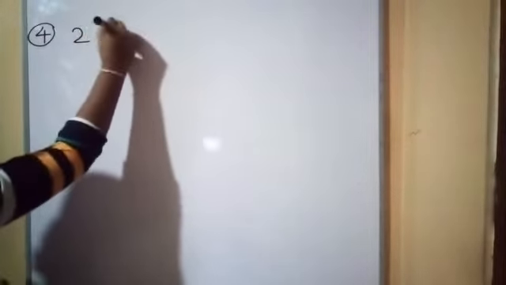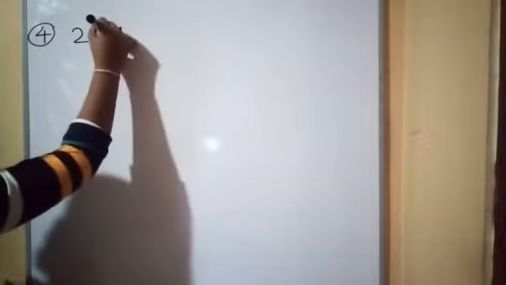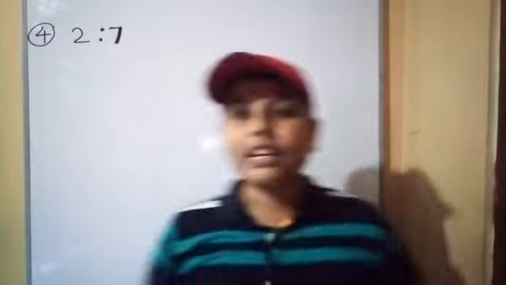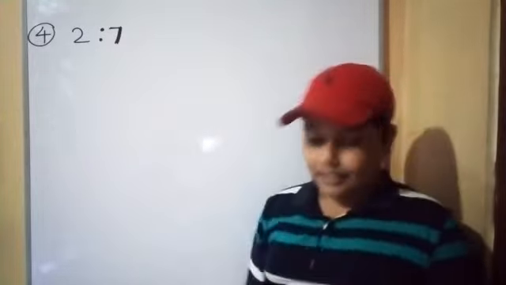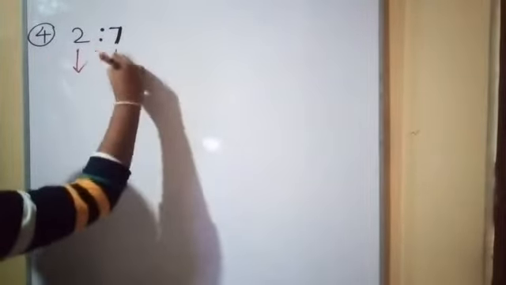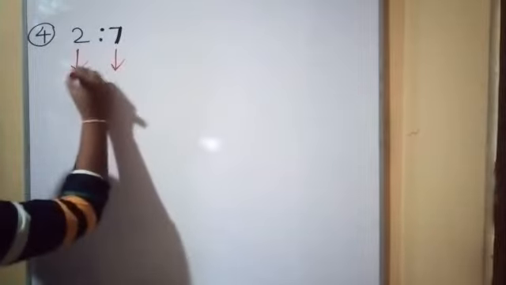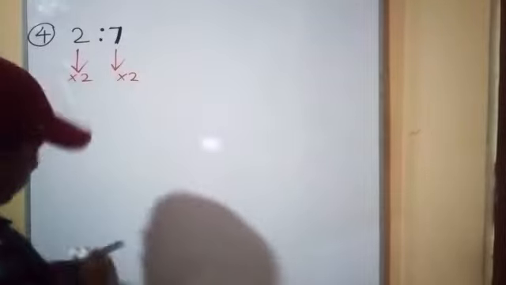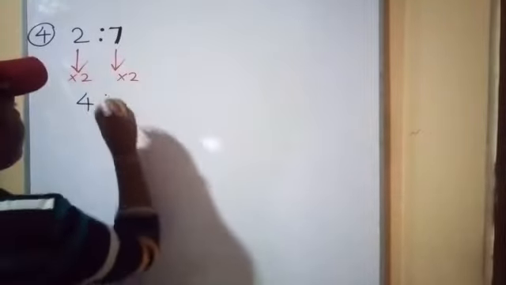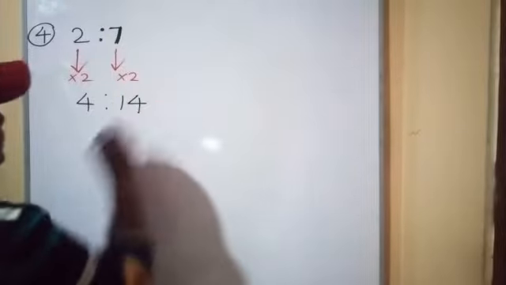Okay, the fourth question. Write 2 ratios that are equivalent to 2 to 7. That means you want to write 2 other equivalent ratios. Multiply both by 2. 2 multiply 2 is 4, 7 multiply 2 is 14.